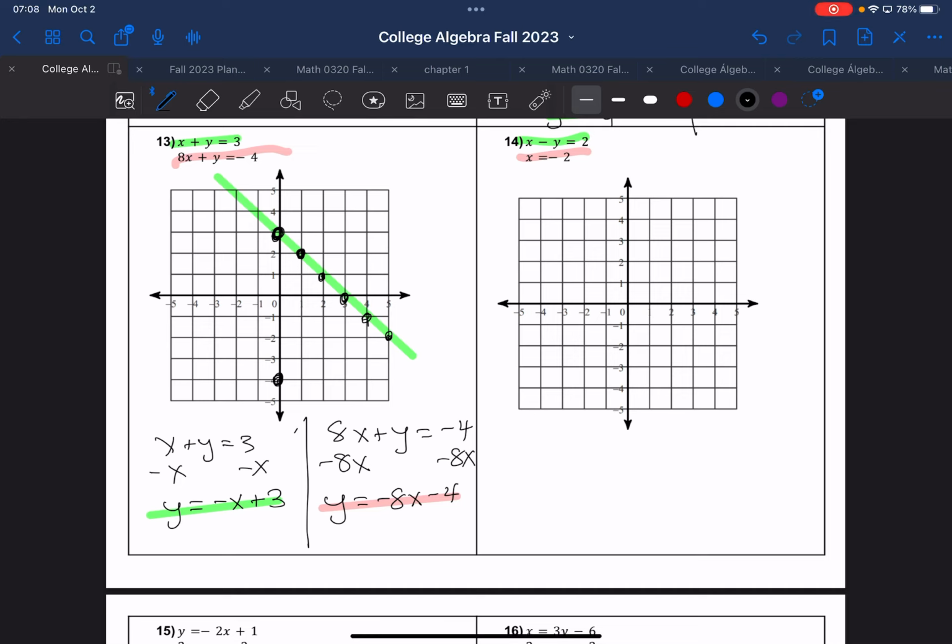No, so which direction should I go instead? Up 8, and then which way 1? Left 1. So 1, 2, 3, 4, 5, 6, 7, 8, and then 1. So right up here. So this means this has one solution at what point? Negative 1, comma 4.